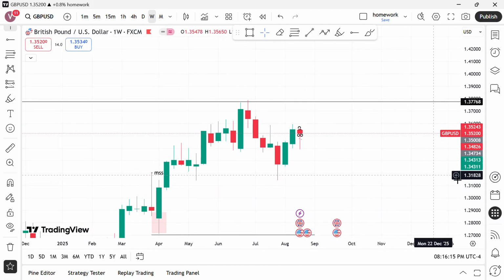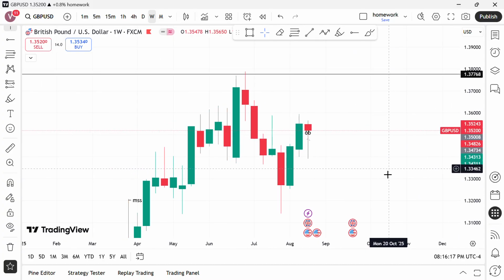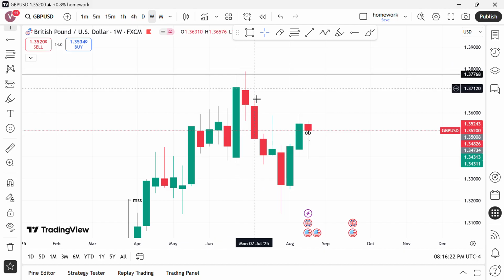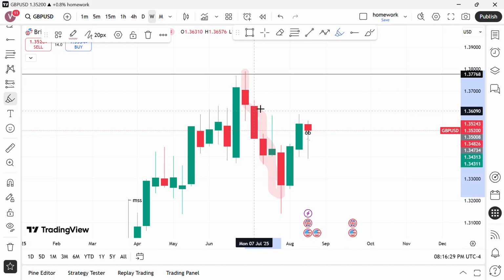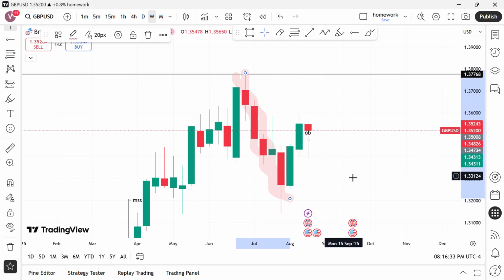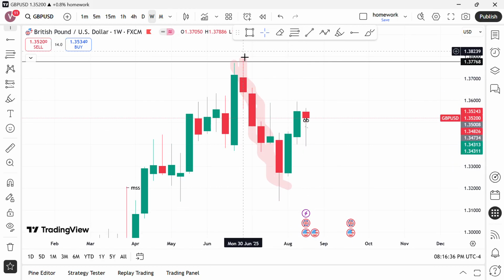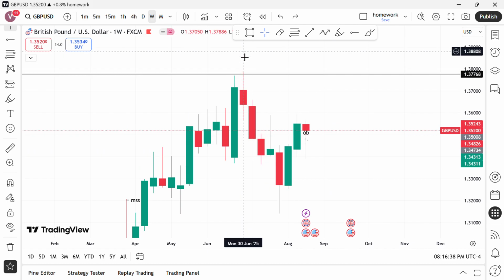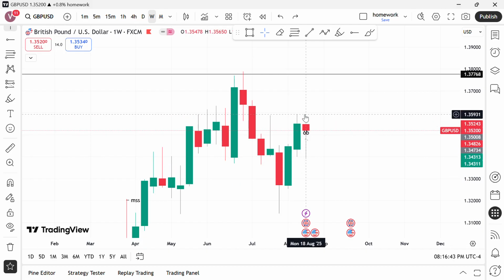Next, let's go to the weekly time frame. On the weekly time frame, you can clearly see the impulse move that occurred from the order flow. This is the impulse move that occurred. And right now the price is in a state of retracement, retracing upwards.